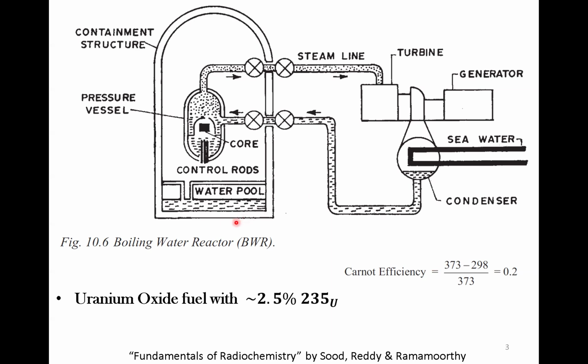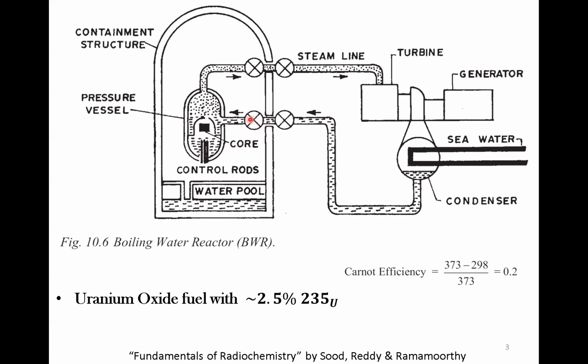So in a boiling water reactor, these are the central nuclear reactor components. We have also looked at the components in a previous lecture. So there is a containment structure, which is just a structural material. There is a pressure vessel and cooling, control rods and so on.